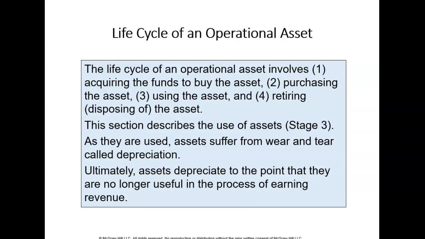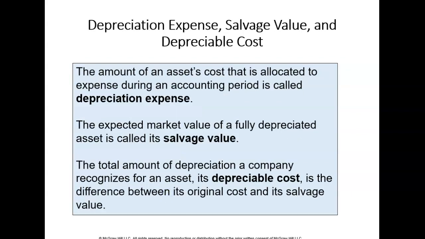So we're saying that if we purchase new equipment, a new machine, a new automobile, we're going to use those assets in order to earn revenue for the business. However, there will come a point in time where the asset has been used up. It can no longer provide us with revenue. At that point in time, we're going to retire the actual asset.